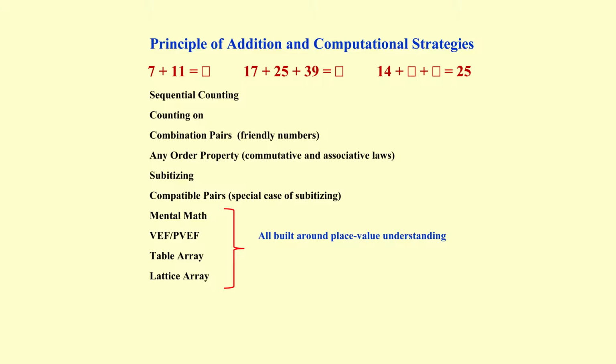We've talked about combination pairs. Those are pairs of numbers that add up to friendly numbers, those numbers that end in a 5 or a 10. And we talked about subitizing. So before we talked a little bit about compatible pairs, but I want to go back and talk about the any order property, which is an important property that holds for both addition and multiplication.